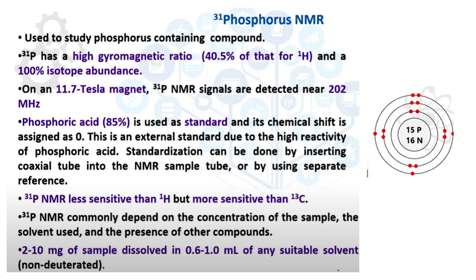The gyromagnetic ratio that phosphorus has is 40.5% compared to your proton. And the most important thing is it is 100% isotope abundant. So there is no problem, whereas for 13C, the natural abundance is around 1 point something. But 31P is 100% abundant in nature.